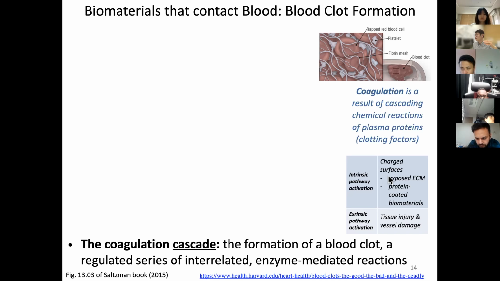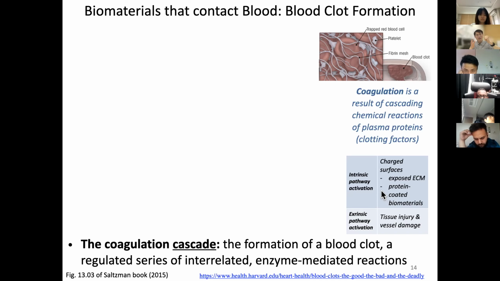So if it faces charged surfaces, especially exposed extracellular matrix, it triggers the intrinsic pathway of blood clotting. And also biomaterials, which we will discuss later too.